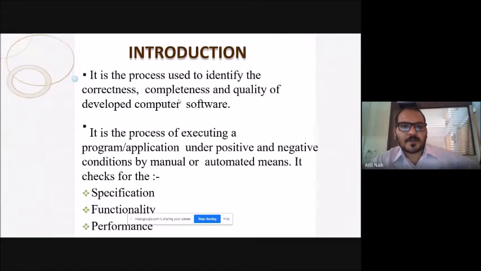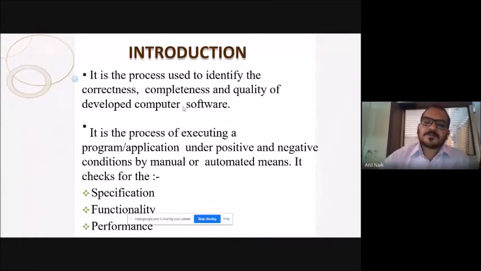That is software testing. It is a process of executing a program or application under positive and negative test conditions by manual or automated means. It is a process of checking whether the software is working or not under positive or negative conditions.